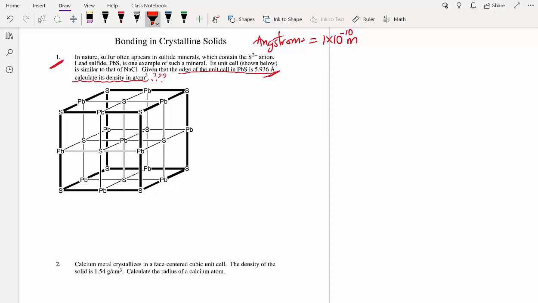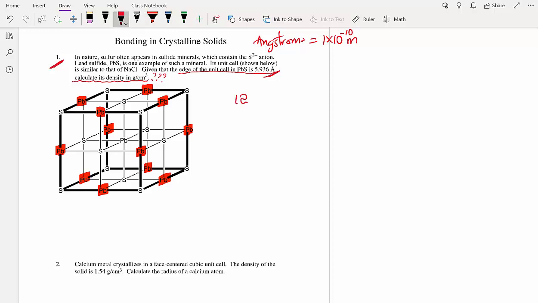If you look at the lead atoms, you will see that these ones that I am highlighting are on the edges. All of these highlighted lead are on the edges. And if you count all of them, you will end up with 12 lead atoms on the edges.